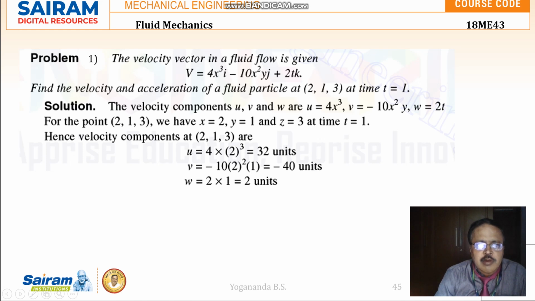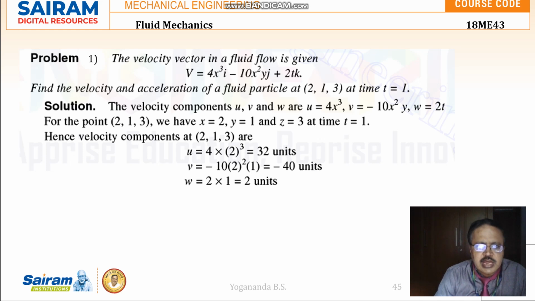So velocity components are u, v and w. Here u is with respect to the x component, that is in the x direction. So I can have this as u, that is 4x cube. The resultant velocity is given by the equation V is equal to ui plus vj plus wk.